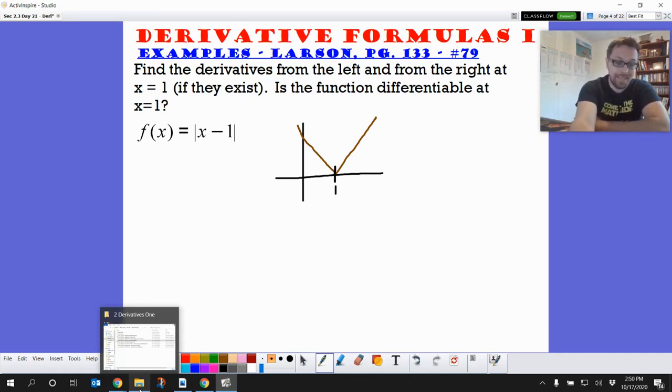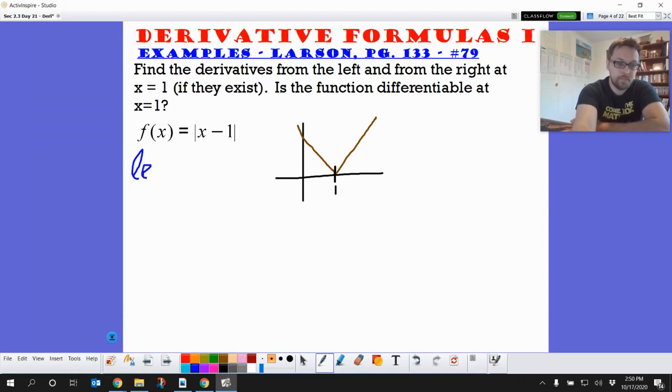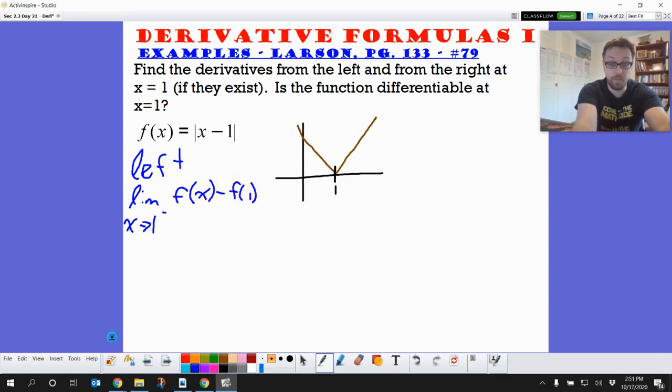So if we start on the left-hand side, I want to check the limit as x approaches 1 from the left of f of x minus f of 1, because that's the spot that I'm checking. I'm doing f of 1 because I'm checking the derivative at 1, and x minus 1, because again, our c value is 1 for this case.